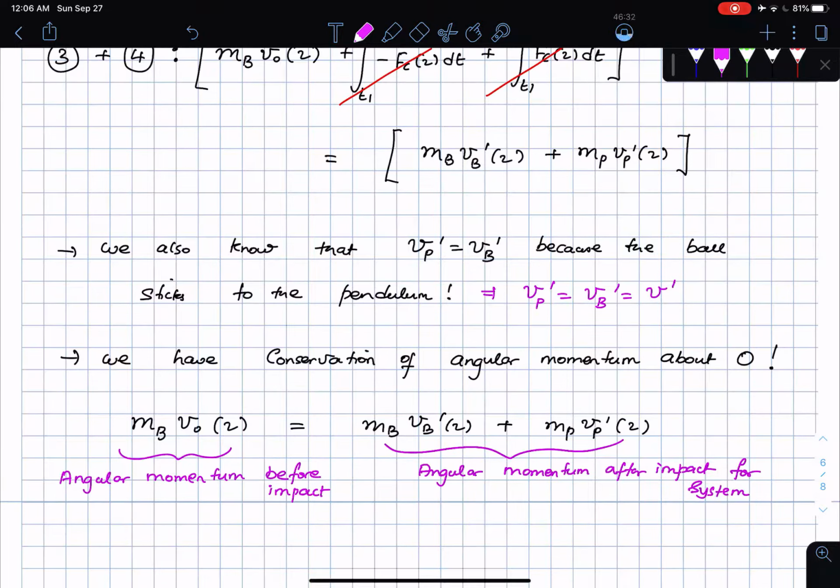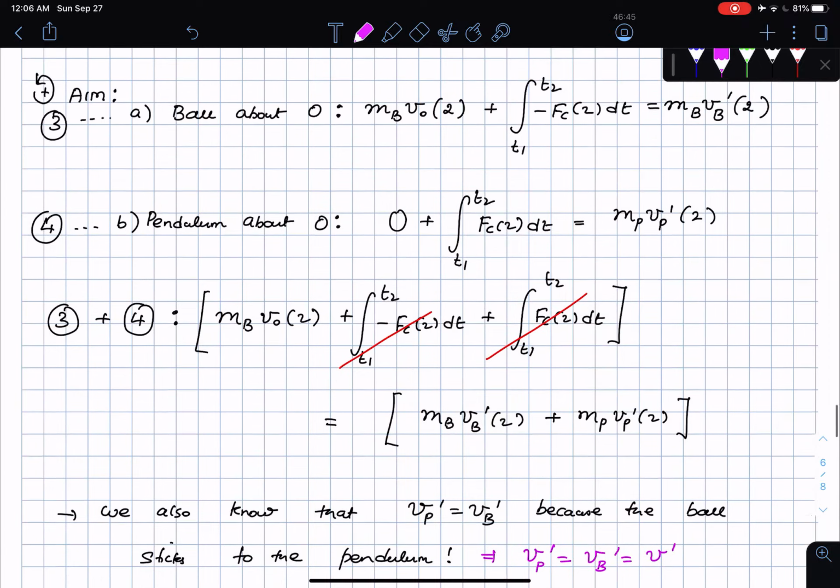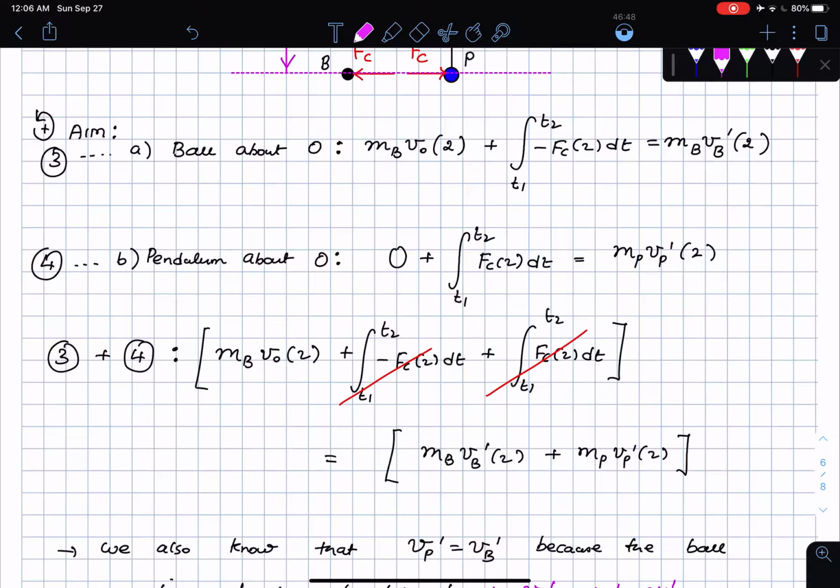So we have conservation of angular momentum about O for the entire system, not for the individual ball or the pendulum. It's for the system only. For the ball or the pendulum, you see there is no conservation of angular momentum here because the impulse is not zero. So that's something that you got to understand. Angular momentum is conserved only for the system, which is the ball and the pendulum put together, not just the ball or the pendulum alone.